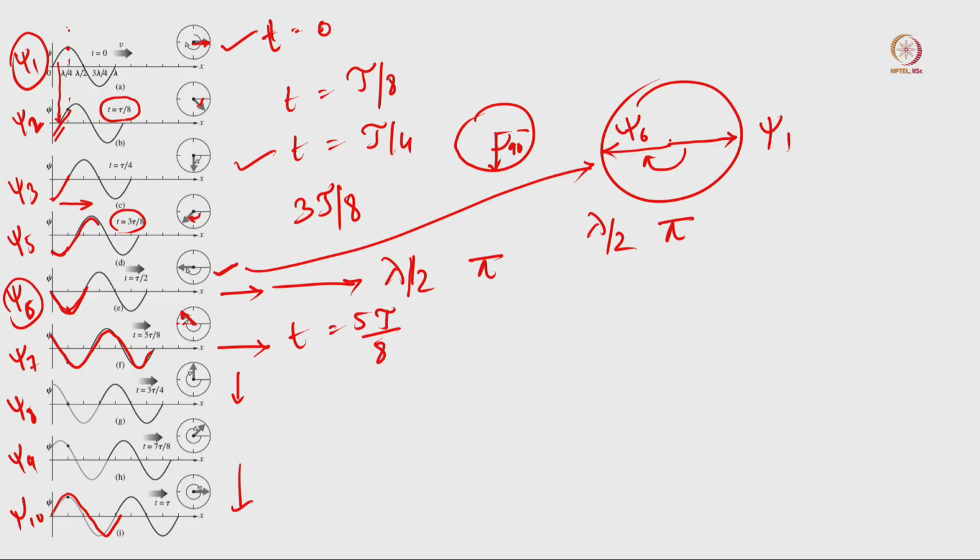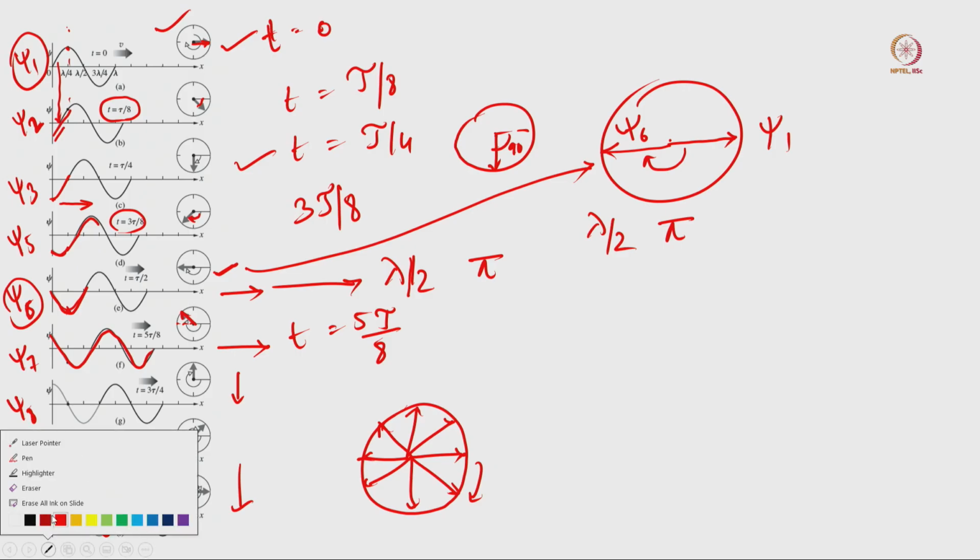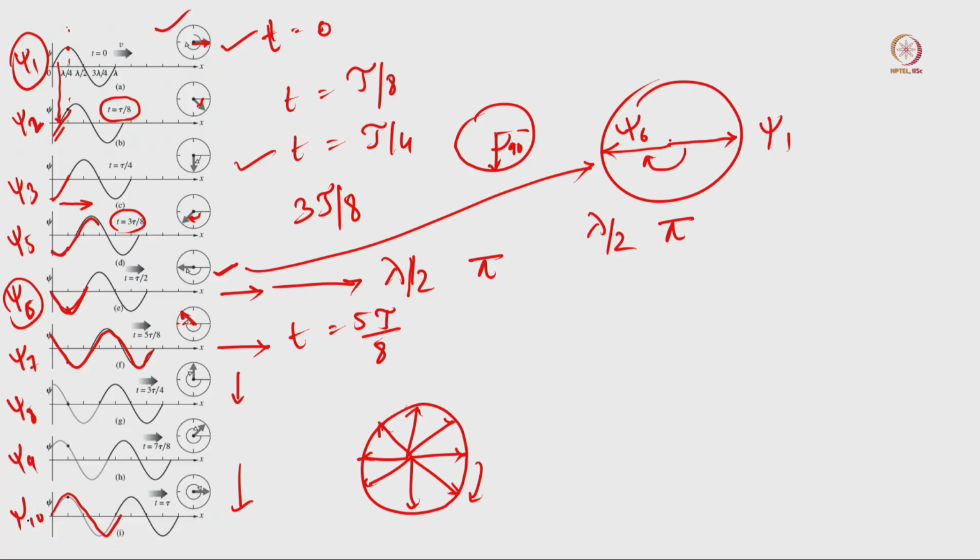That is the reason that in the phasor diagram, you can see the wave started rotating in this direction, going through all the angles, and finally rotated and came back to the original position. I will use a different color, which will be easier to understand. Then finally the wave is back here.